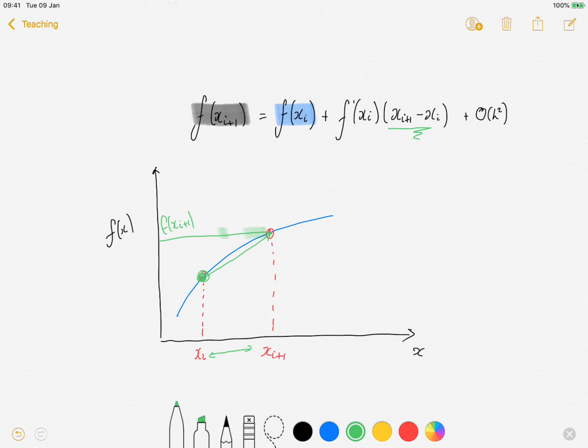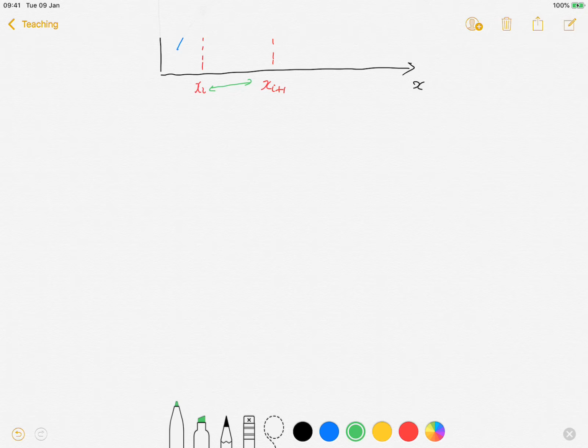And here I've just written it as plus order h squared, but really the remainder for an nth order Taylor series can be written as equal to the n plus 1 derivative at some point epsilon multiplied by x minus this constant value, let's call it a, raised to the power of n plus 1, divided by n plus 1 factorial.